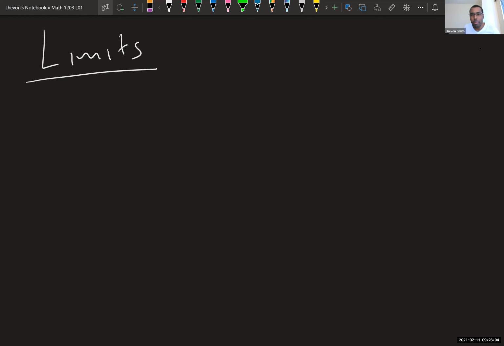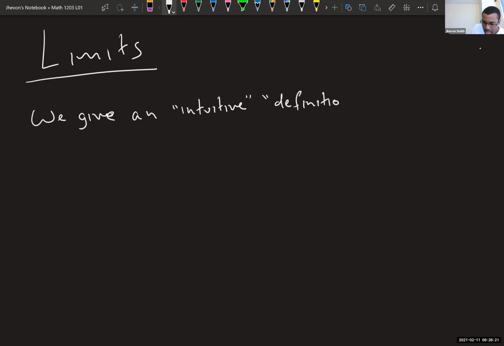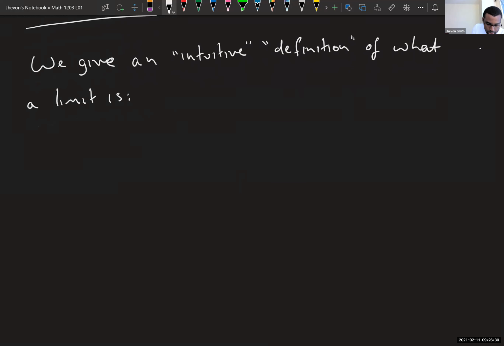I'm going to tell you a more intuitive layman's definition of what a limit is. Okay, so it's a fuzzy definition, not really a mathematical definition by any stretch of the imagination.